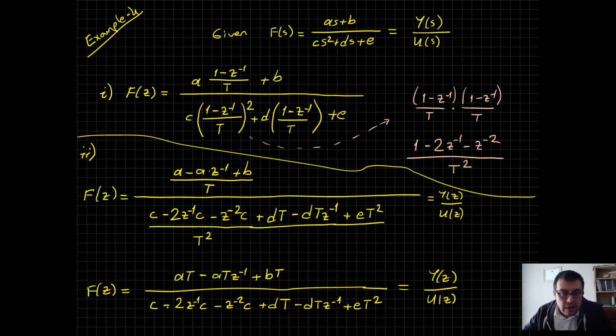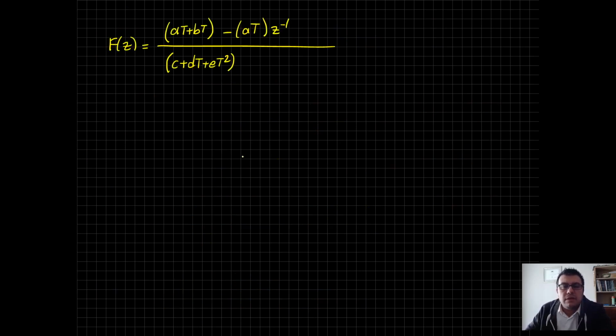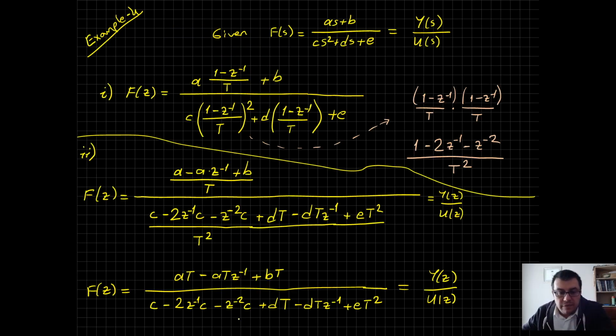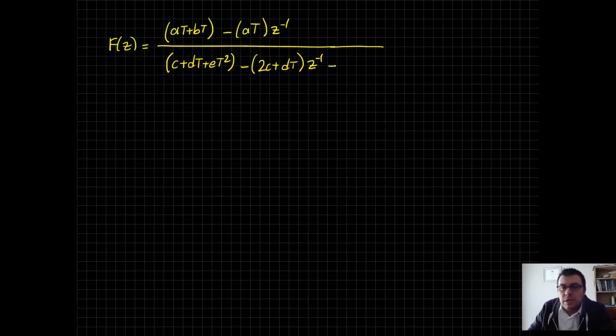And here you have minus 2c plus dt z^-1. And finally, the z^-2 term, that's minus c times z^-2, should be equal to Y of z over U of z.